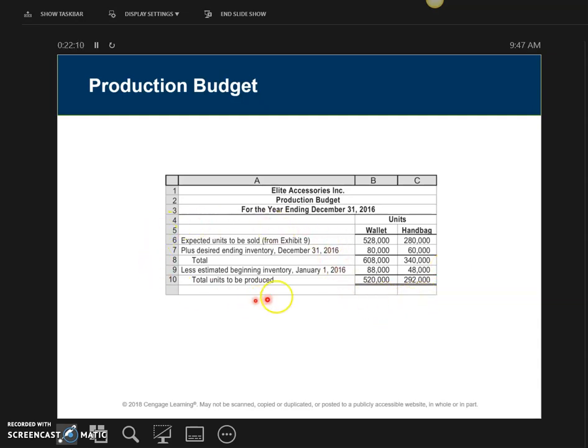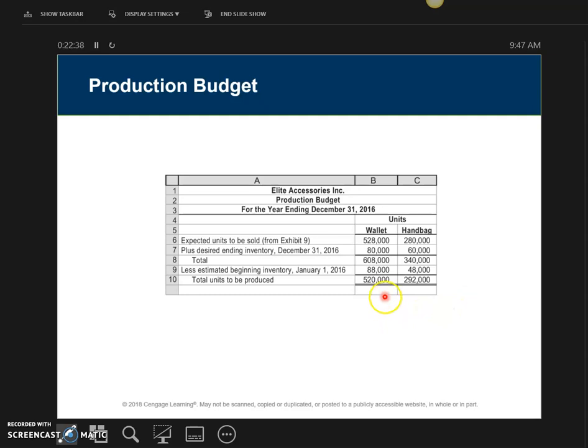So here's my formula again, the one I told you was really important. We're going to use this same formula when we get to direct materials budget, because I'm going to have to buy different material to make these products. So I'm going to need to know how many units of material I will need, plus how much material I want left over, add them together, subtract the material I have on the shelf, will tell me how much I need to buy.